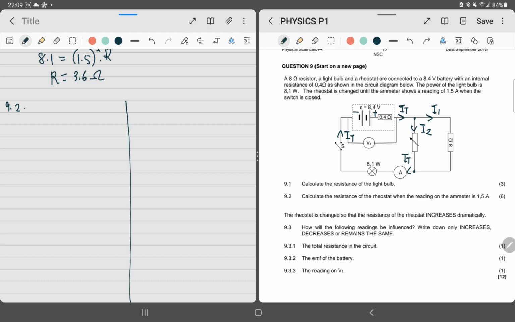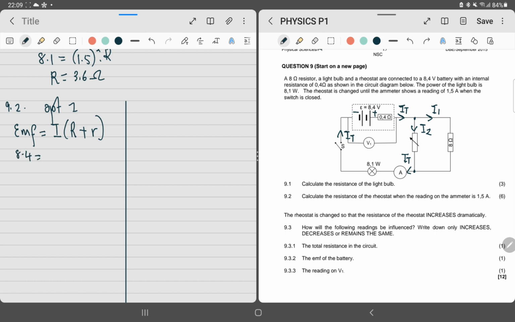Like always, we'll try and use 2 different methods to see if we get the same answer. So this is option 1. We are given the value of the EMF. We have the total current. We can try and find our external. The internal resistance is given as well. So this is 8.4.